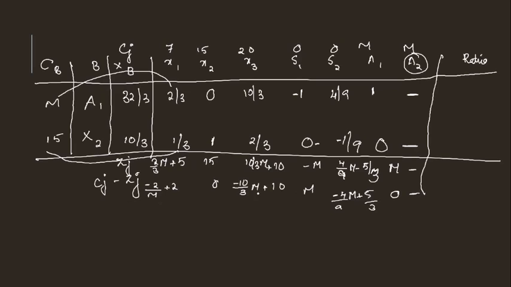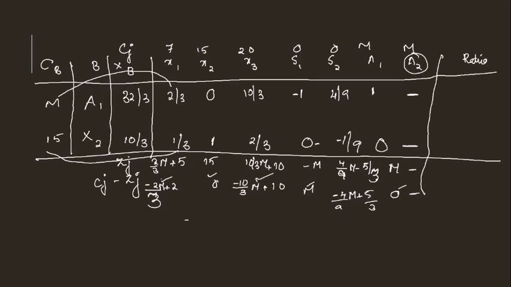Okay, now just consider these values, you can't consider them because they are all either positive or 0 values. Now what about this, minus 2 by 3m plus 2? What about these values?